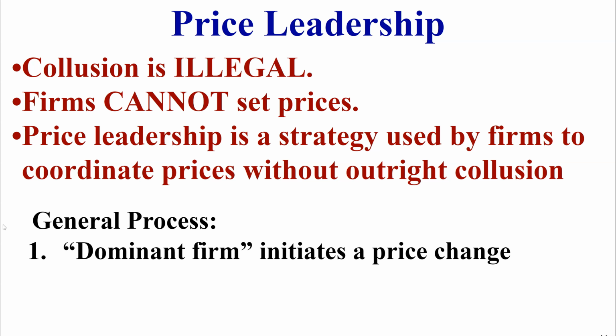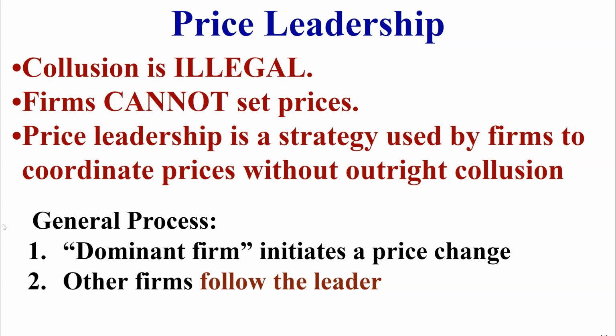So what does that include? Well, the dominant firm looks to initiate a change in the price. They're going to change in that tit-for-tat strategy we looked at, the idea of going high or going low, or making a decision about production. And other firms are going to follow. They're going to follow as a result of that leadership on pricing.